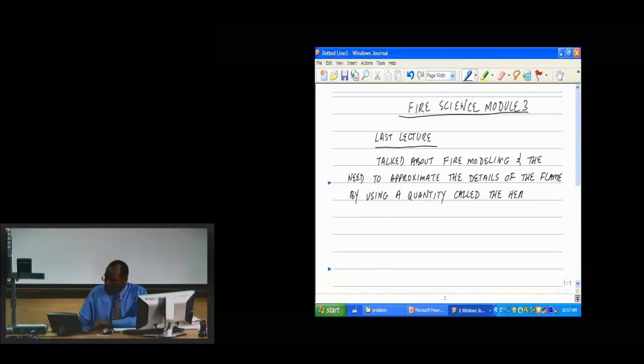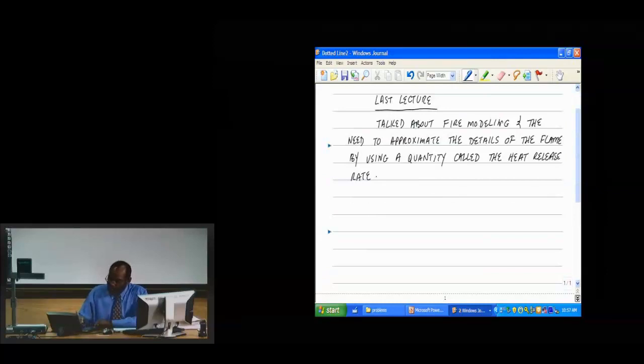So remember what we said. We said that if you have a fire within some compartment, what you're interested in is understanding whether or not people are going to be able to safely exit that compartment and also perhaps structural failure within that compartment.